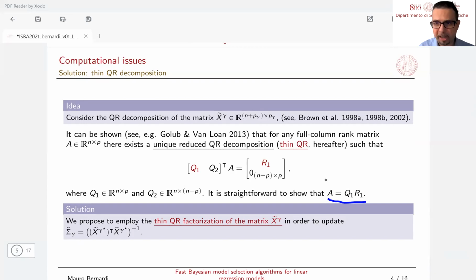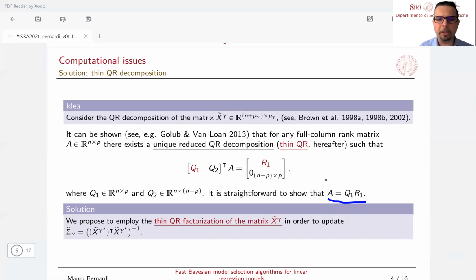R1 coincides with the R matrix of the full QR decomposition without the last n minus p rows, while Q1 is a submatrix of the Q matrix obtained by considering only the first p columns.